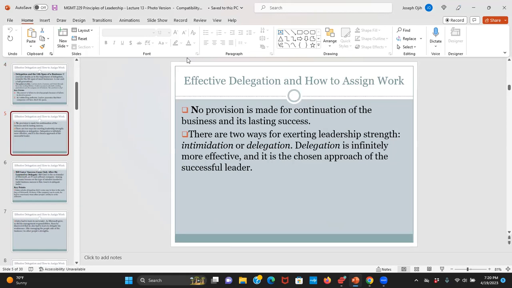If the leader is unable or unwilling to develop others among these subordinates through effective delegation, it means that no provision is made for continuation in that company. So that means the continuation of the business will be in jeopardy. That means when the leader is gone, the leader did not train somebody enough to take his position.